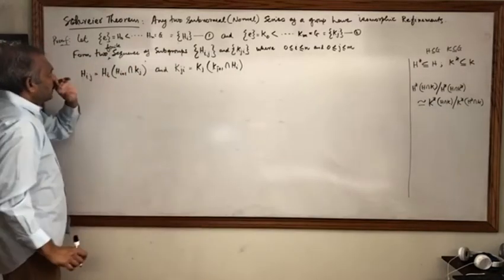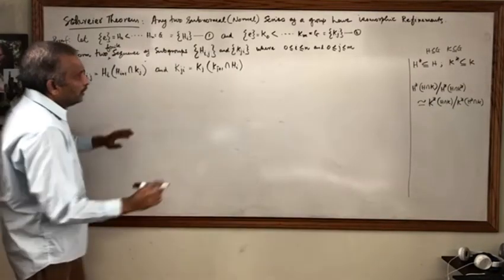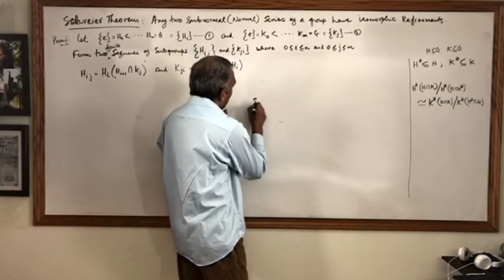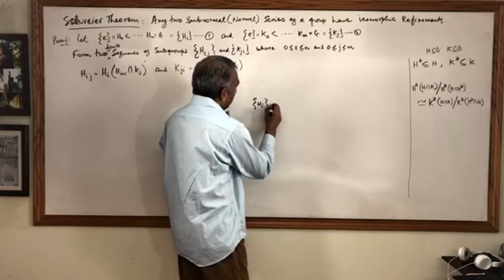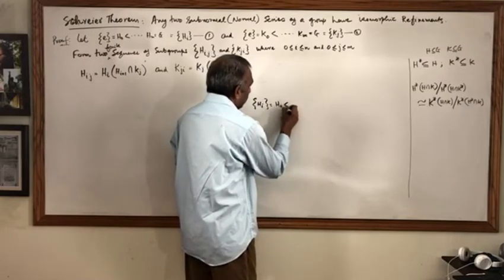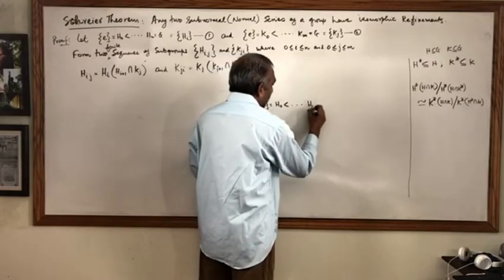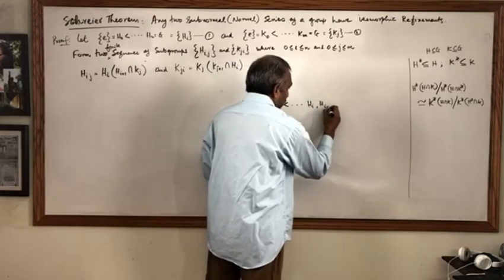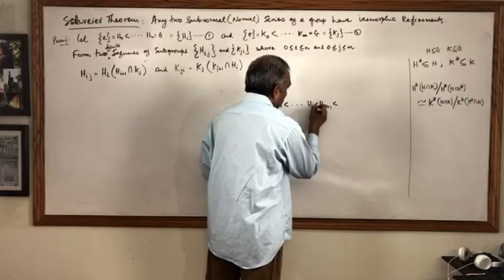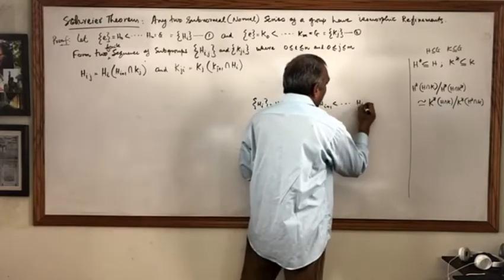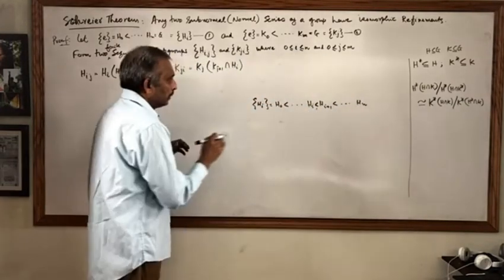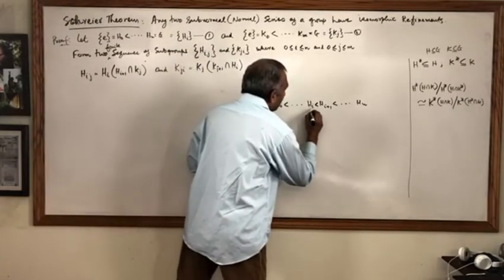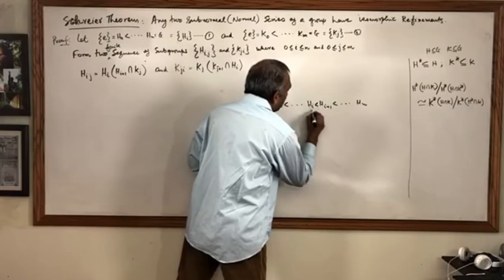See what happens here. You have a series Hi like this: H0, ..., Hi, Hi+1, ..., Hn. What we are doing is inserting some groups in between these two.